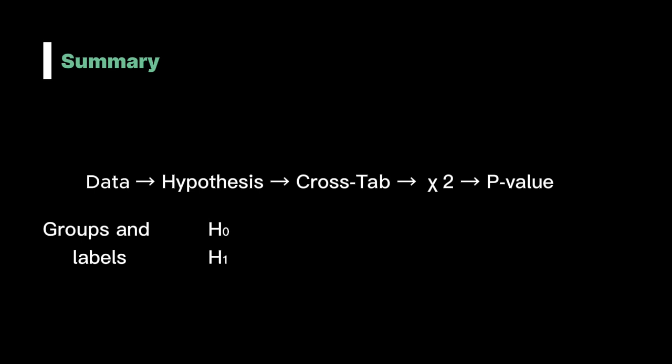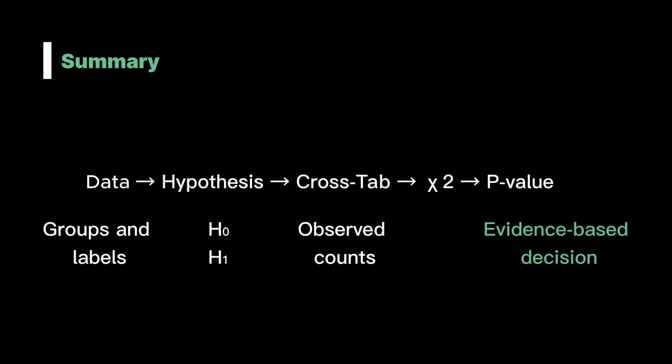When it comes to the chi-square test, you create a cross-tabulation table or contingency table to organize and see your observed counts. 4. Expected versus chi-square values. Compare what you saw to what you expected if there's no relationship. 5. Finally, use the 0.05 rule to make your final evidence-based decision.